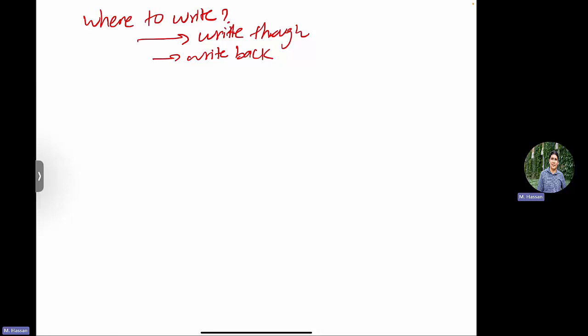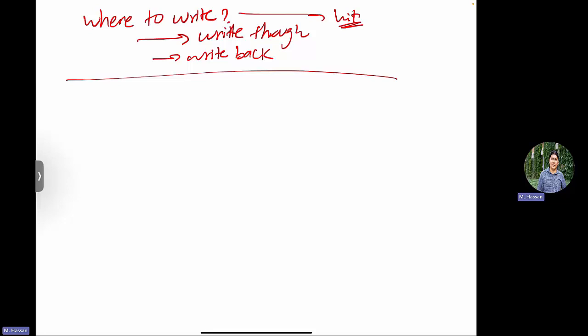And this is where to write if it was a hit, right? So basically, remember the two examples we had, A was a hit in the L1. And my question was, should I write it only in the L1 or should I write it in the LLC, right? There is another question related to write in case of a write miss, right?